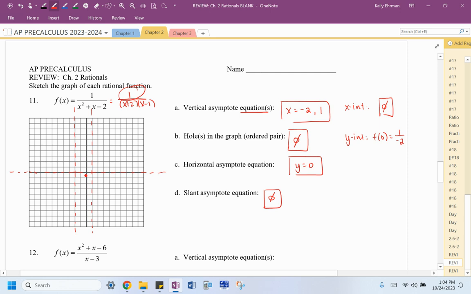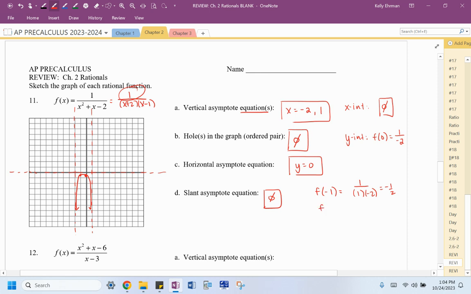And as far as extra points go, now there are no x-intercepts, so I know that the middle graph can't go up. If you're not sure, though, just plug in like f of negative 1 and see what point that's at. If you plug in negative 1, you get 1 over 1 times negative 2. Get negative 1/2 again, so that just means this sort of curves down, something like that.